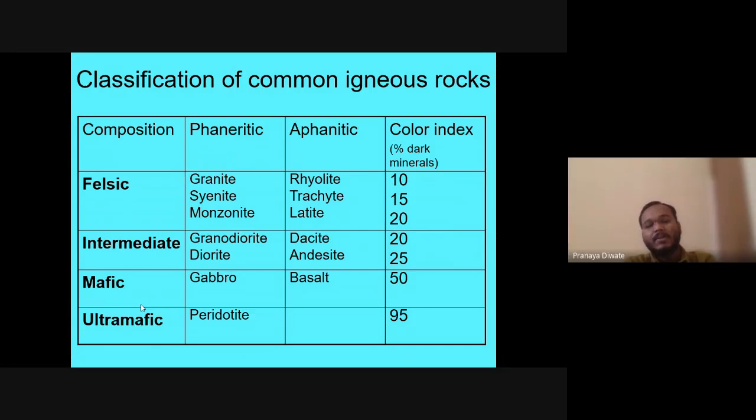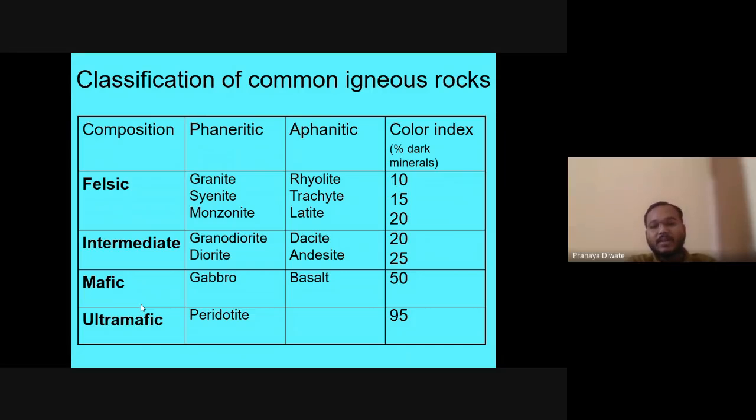Then you have the intermediate granodiorite and andesite. This is how you can have different kinds of minerals present, and their equivalents.